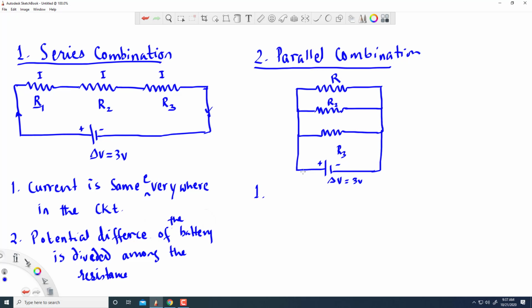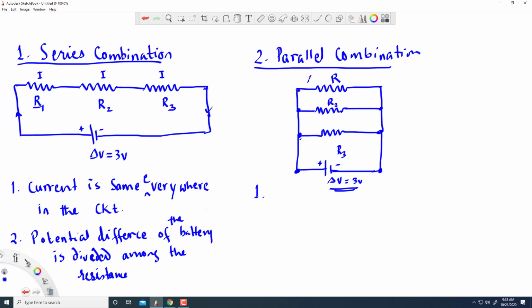The potential difference across the two ends of the battery is 3 volts, and that same 3 volts appears across this resistor, and the same here also.